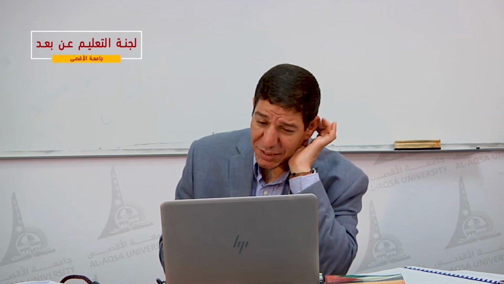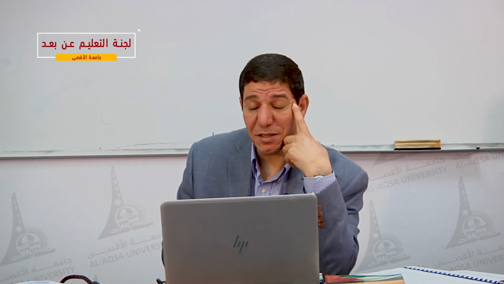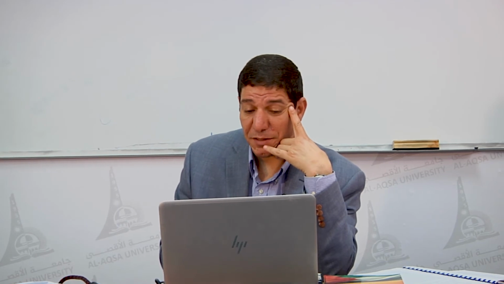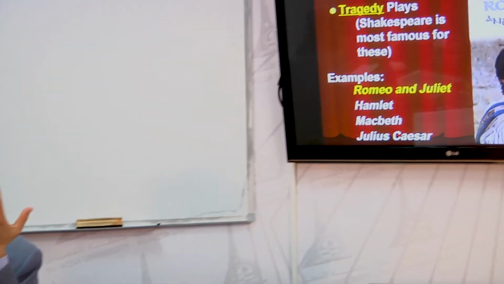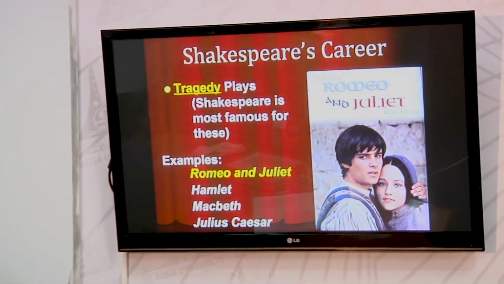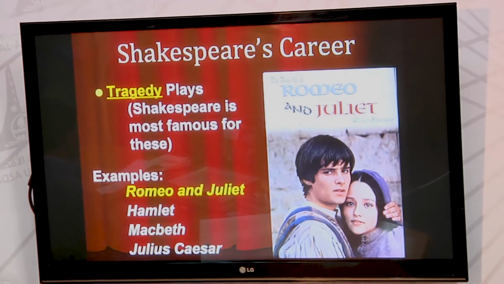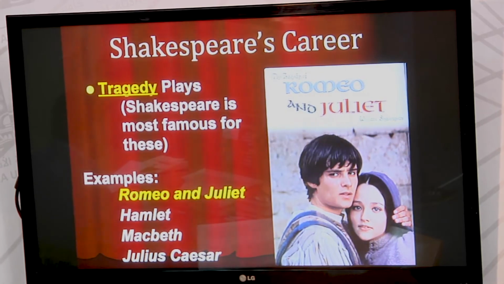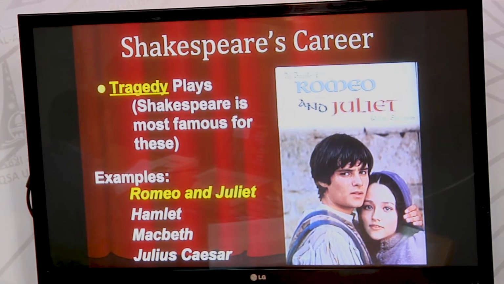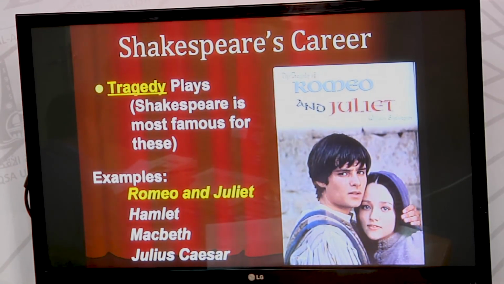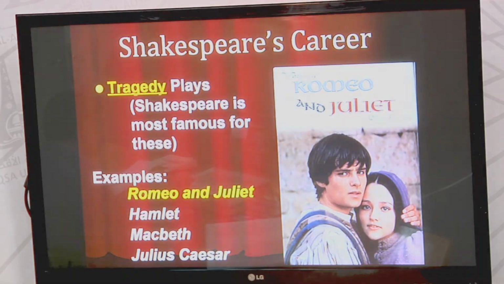None of these tragedies, by the way, is about England. Hamlet is about Denmark, Macbeth is about Scotland, Julius Caesar about Rome. You can see how universal Shakespeare is. He was aware of what was going on around him in Europe and around the world. Othello took place in Venice, in Italy.